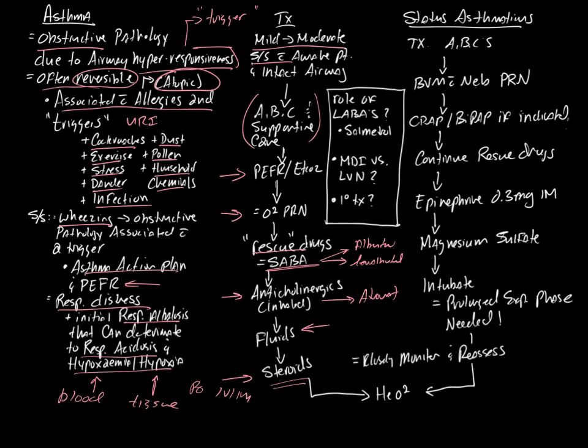And this is why we will sometimes give steroids to these patients to attenuate or block that late phase response, to prevent them from having problems after they feel better and they sign a waiver saying, I don't want to go to the hospital. So this is a point of education for your patients too.